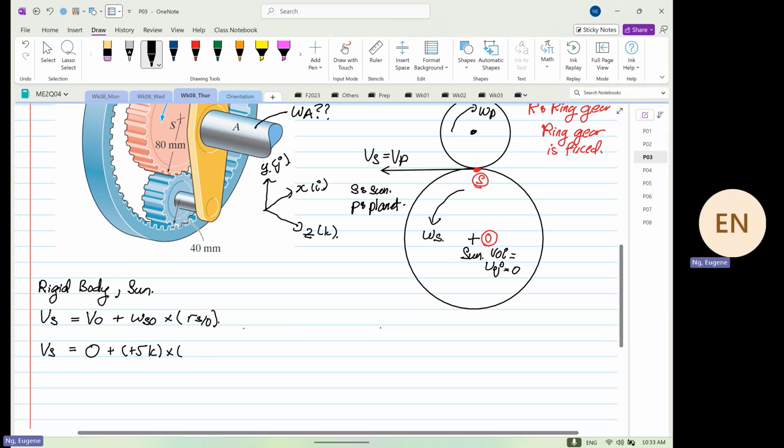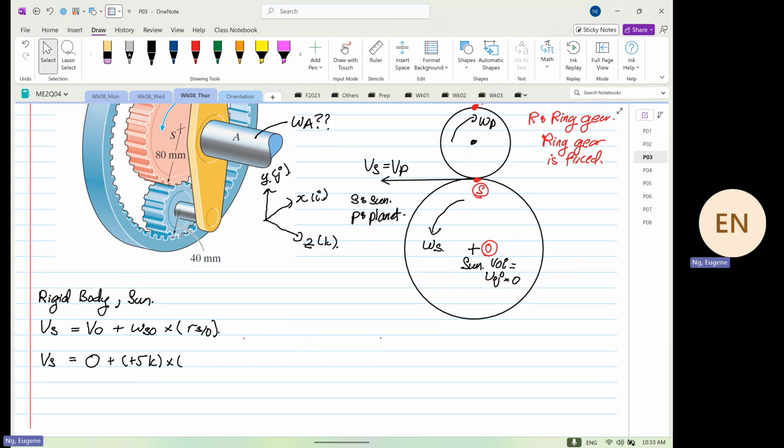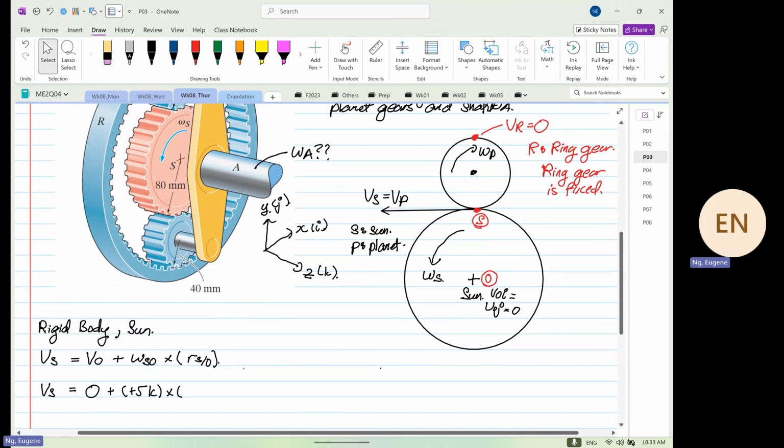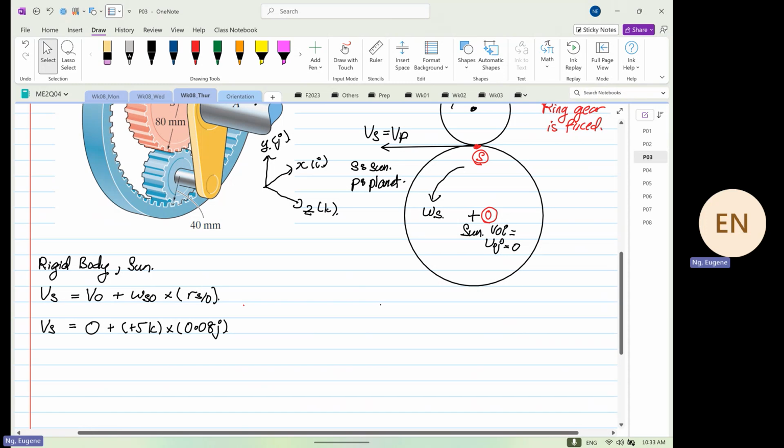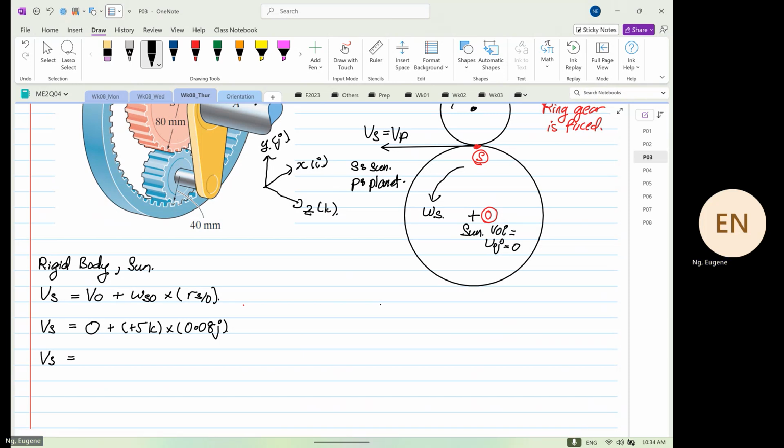Again, we were asked to analyze at this instance. So at that instant, our radius is 0.08 J. From here, we know that Vs is equal to 5 multiplied by 0.08, which is 0.4.